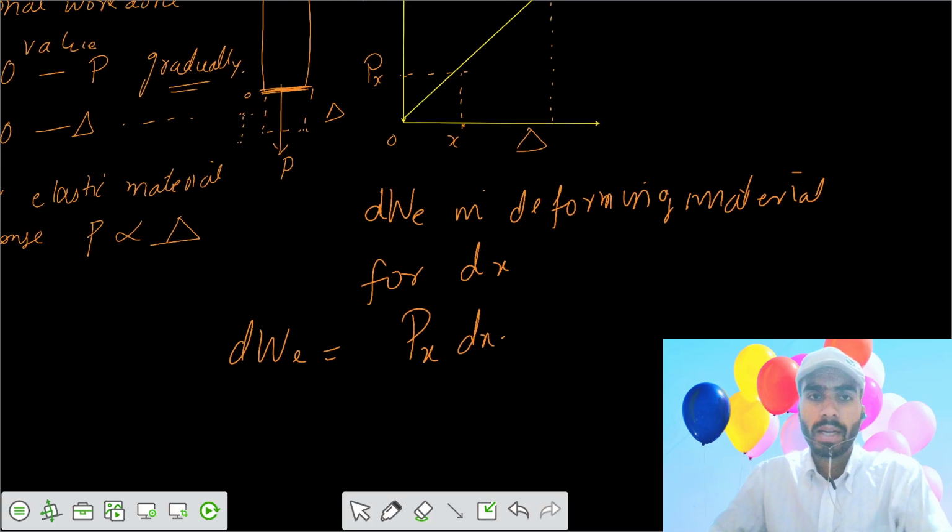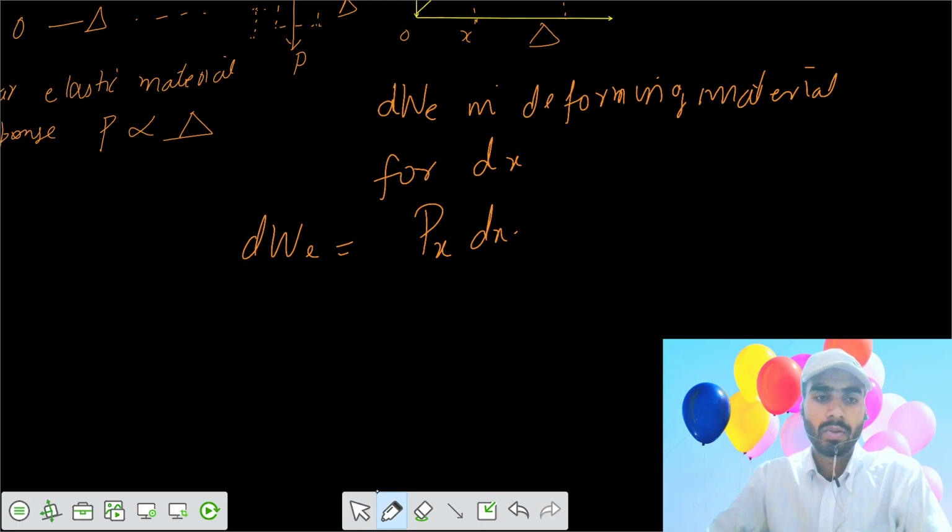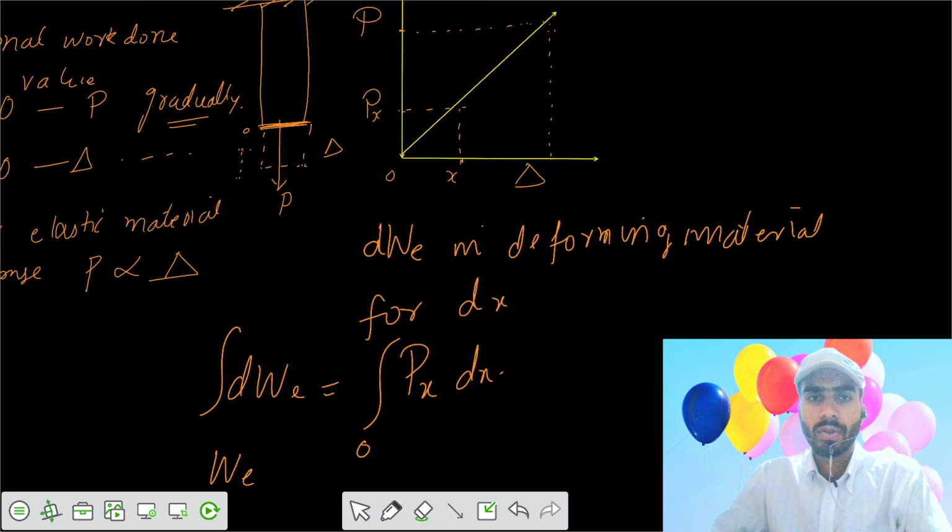There is some load, and that load deforms the material by some amount dx. So the total external work done is obtained by integrating from 0 to the maximum load P.